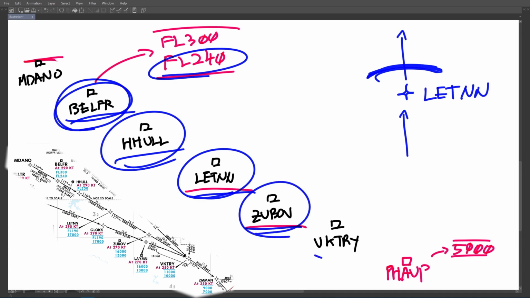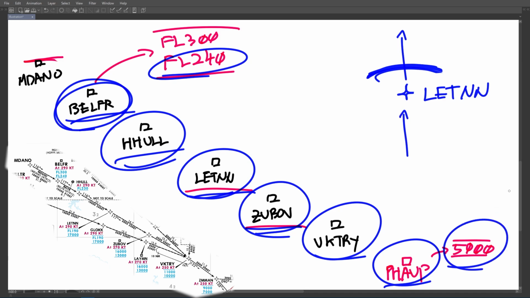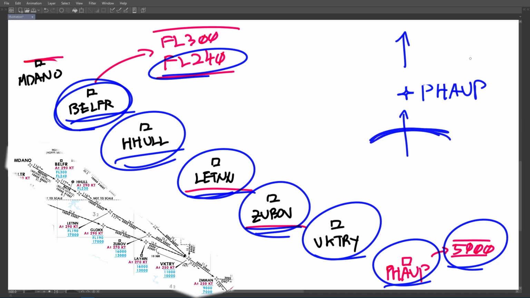Then Zubov, Victory, and P-Hub, vice versa. Since P-Hub is a hard altitude of 5,000, this is the exception, where you want the range to altitude to be actually before P-Hub, because we want to cross P-Hub at 5,000. So you could level out before your waypoint, but not too far from it, and you will see it from the video.